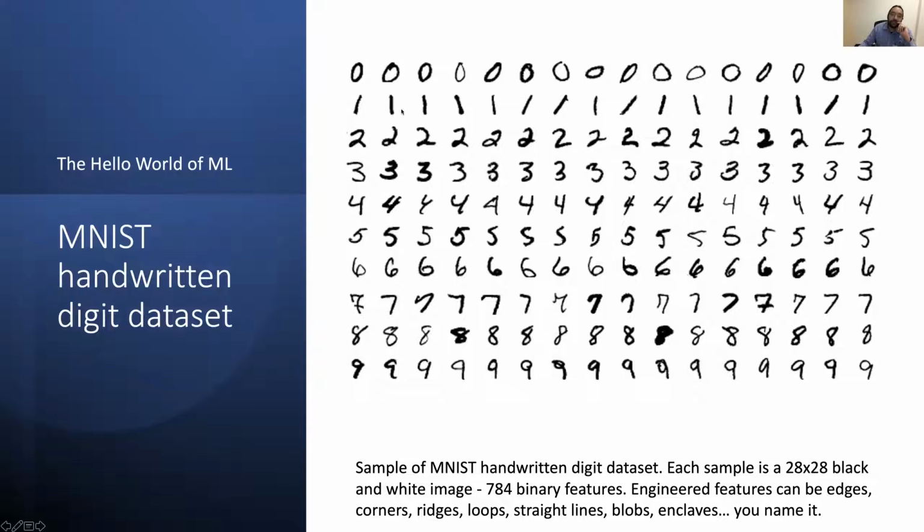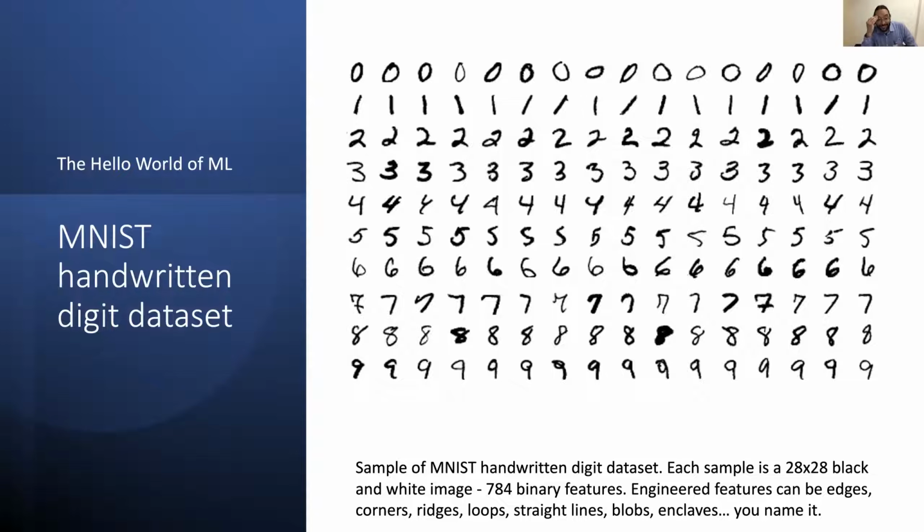These are all zeros, these are all ones, these are all twos. Later, when we talk about feature engineering, they don't necessarily have to be the pixels. They can be the edges, the corners, blobs or even enclaves, like does it have a hole in the middle kind of stuff.